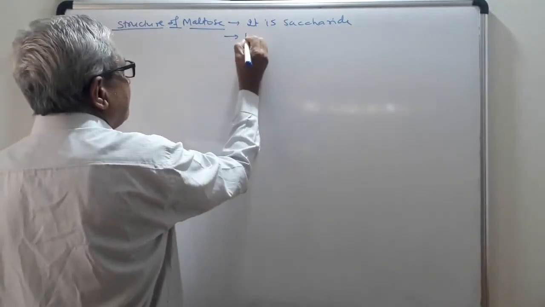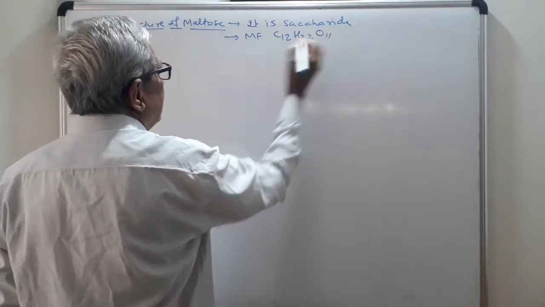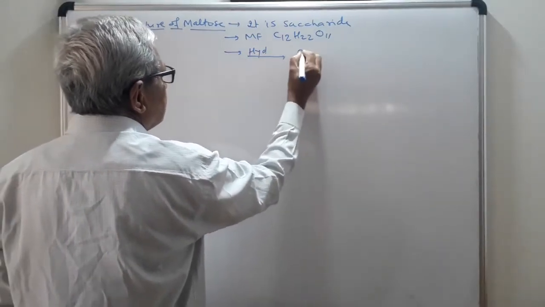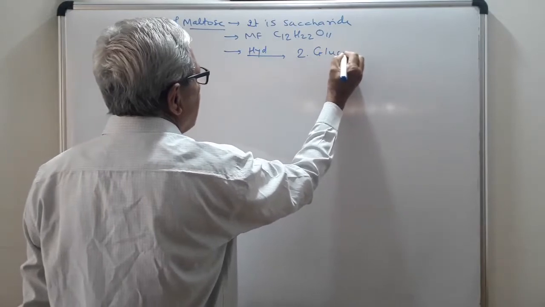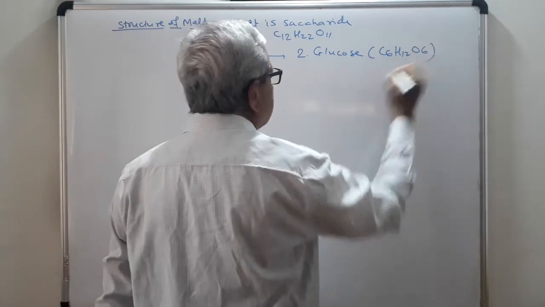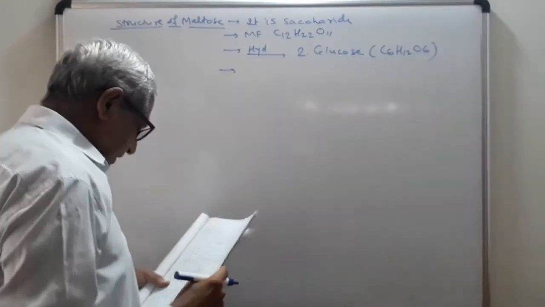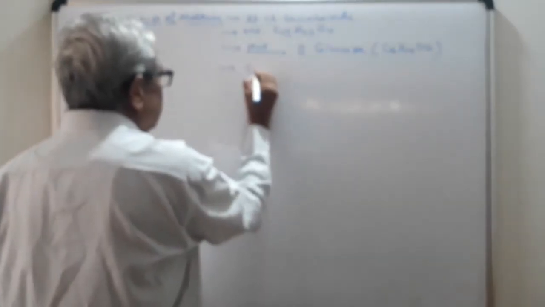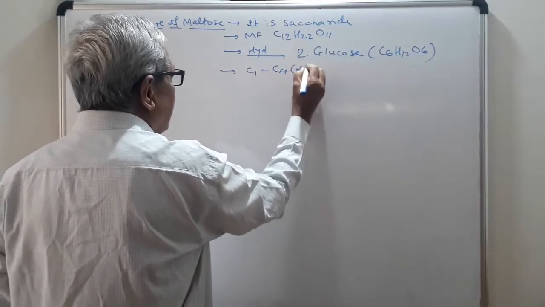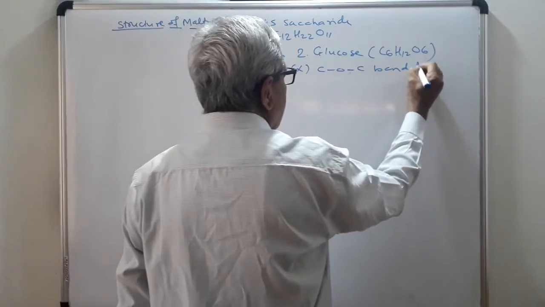It has molecular formula C12H22O11. On hydrolysis it gives 2 molecules of glucose, which has the formula C6H12O6. In this case, a C1-C4 alpha bond is present. C1 alpha, C4 alpha, C-O-C bond or linkage is joined.